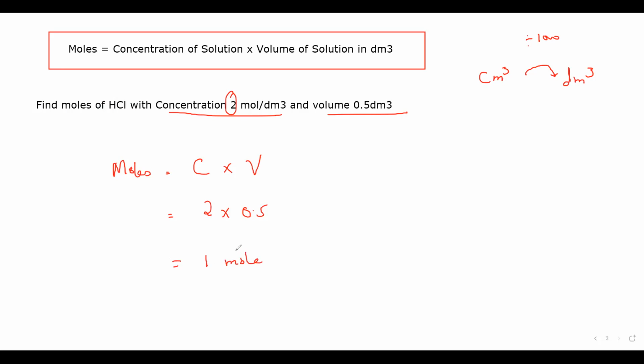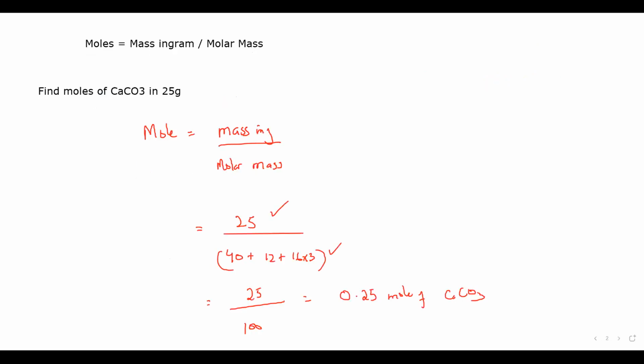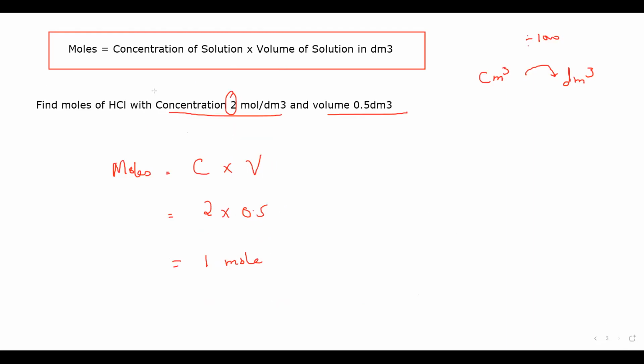So this formula is used when the concentration and volume are given. And what about the first formula? As you can see, the first formula is used when the mass is given, and the second formula is used when you have the concentration and volume. You multiply and you will get the answer.